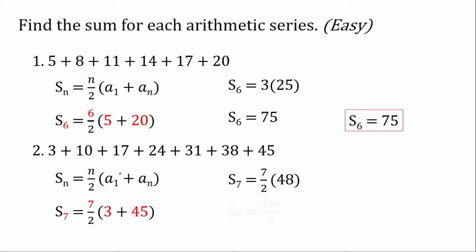Now all you have to do is multiply. Or you could simplify this: divide 48 by 2, you have 24. Then 24 times 7, and you'll get the answer of 168.